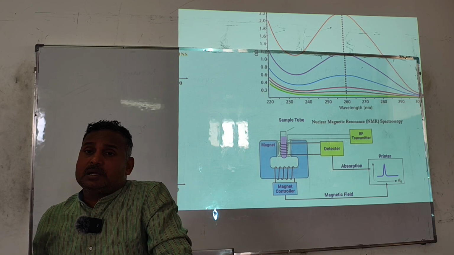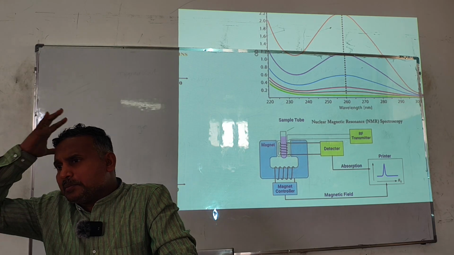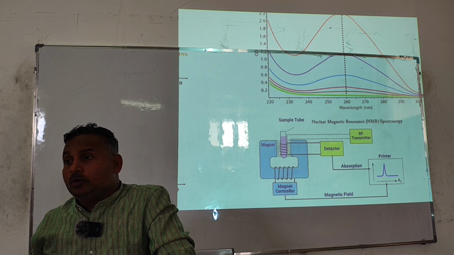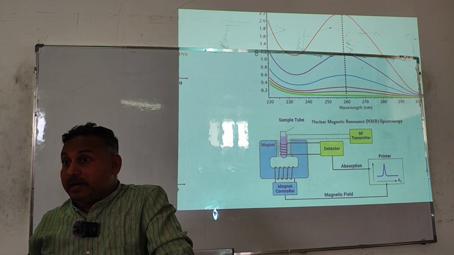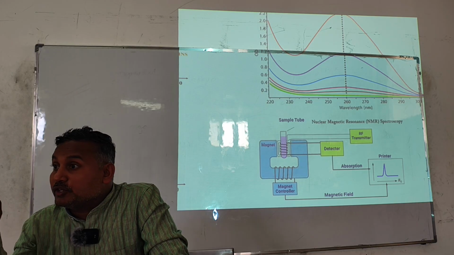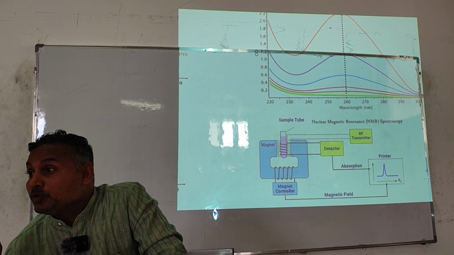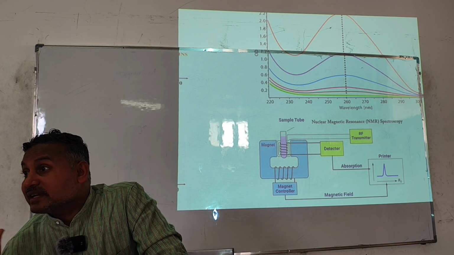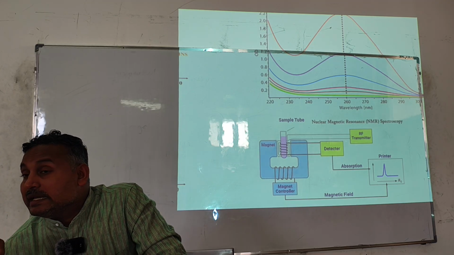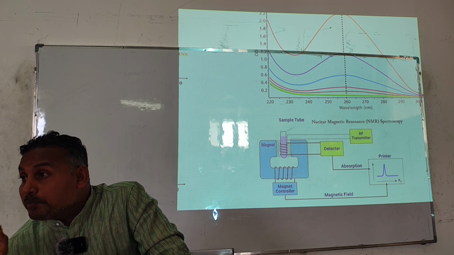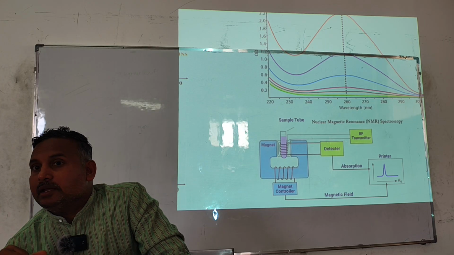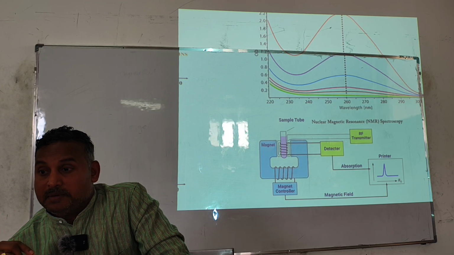For example, if someone goes to the hospital with some problem in the head, the doctor may be expecting maybe a brain hemorrhage or brain tumor, and the brain is a soft tissue. So he will not recommend you to go for X-ray. He will recommend you to go for MRI, because he wants to see whether there is any defect or any problem in the brain. That can be done by using magnetic resonance imaging.